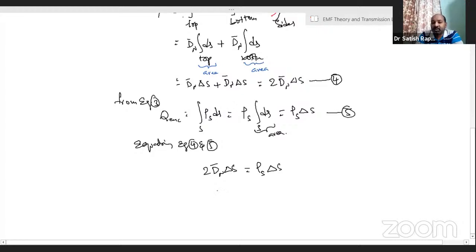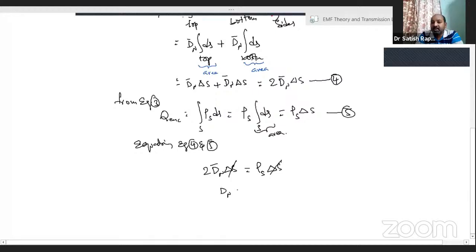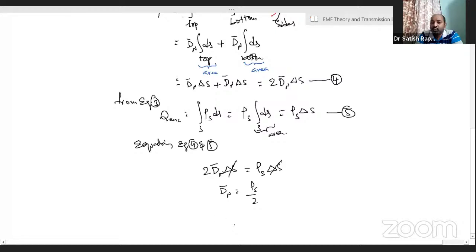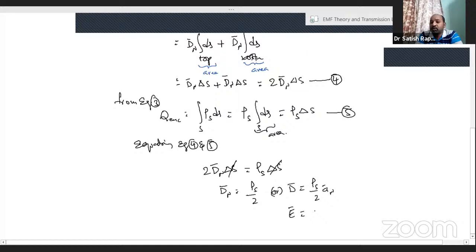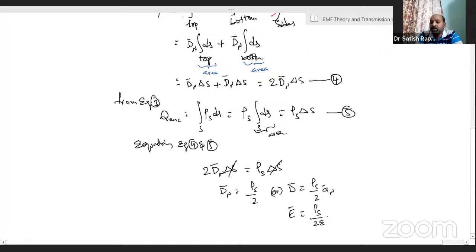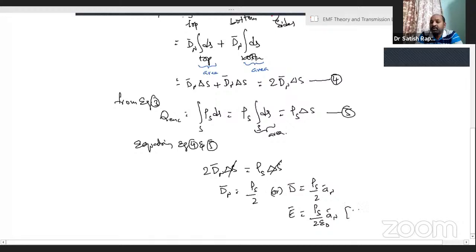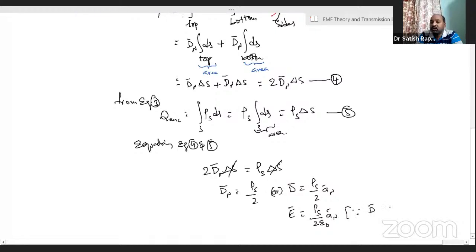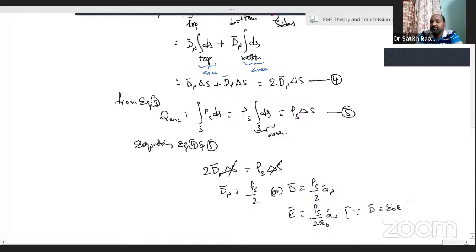Therefore, dn bar is equal to rho s by 2, or D bar is equal to rho s by 2 an bar, because of the normal unit vector an bar. From this we can write E bar is equal to rho s by 2 epsilon naught an bar, since D bar is equal to epsilon naught E bar.